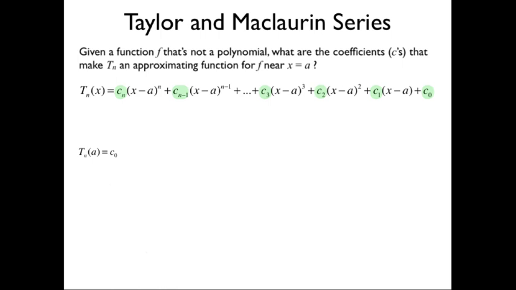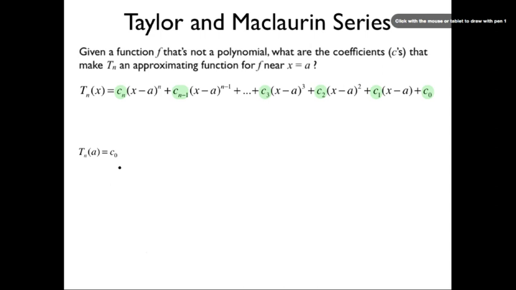If we want this to be approximating what f is near A, then what would we want C naught to be? When we plug A into our approximating polynomial, if we just get a number, what number would we want it to be?